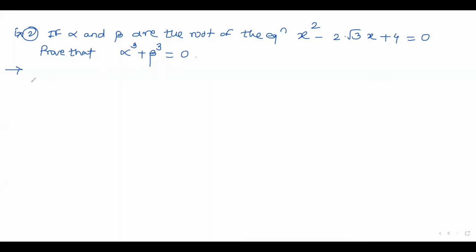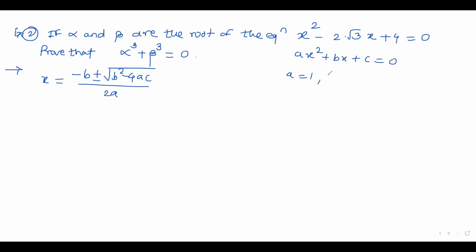So first of all, as you can notice, this is a quadratic equation, so the formula is minus b plus minus under root b square minus 4ac divided by 2a, right? According to this, the equation is ax square plus bx plus c equal to 0, right?